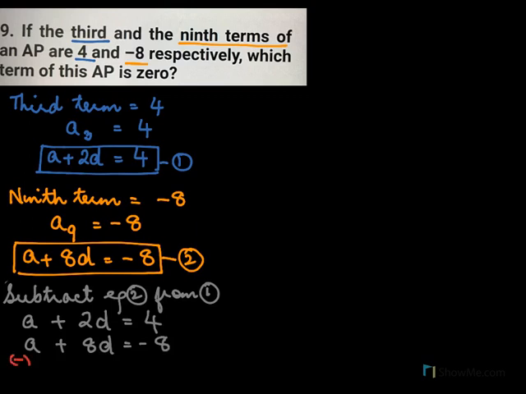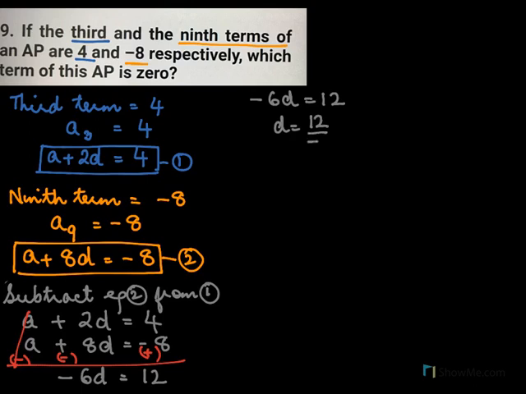And in order to subtract, I need to change my signs. This cancels out. So here I'll have minus 6d equal to 12. So d equal to 12 over minus 6 and d equal to minus 2.